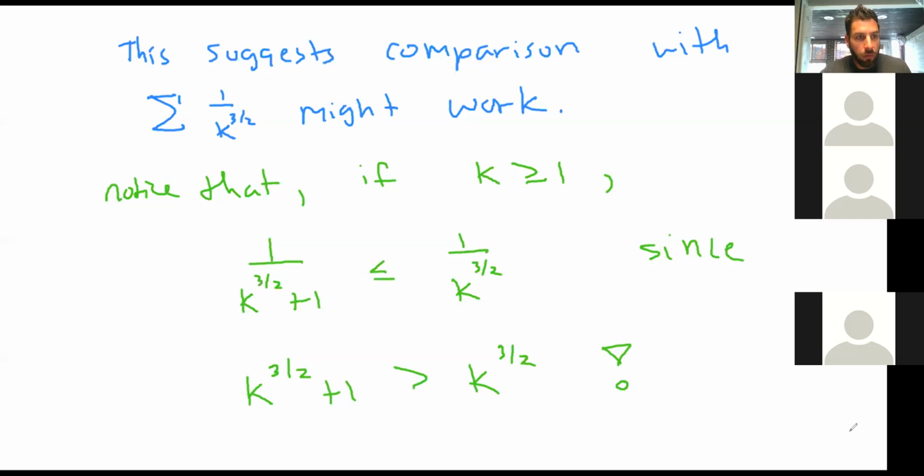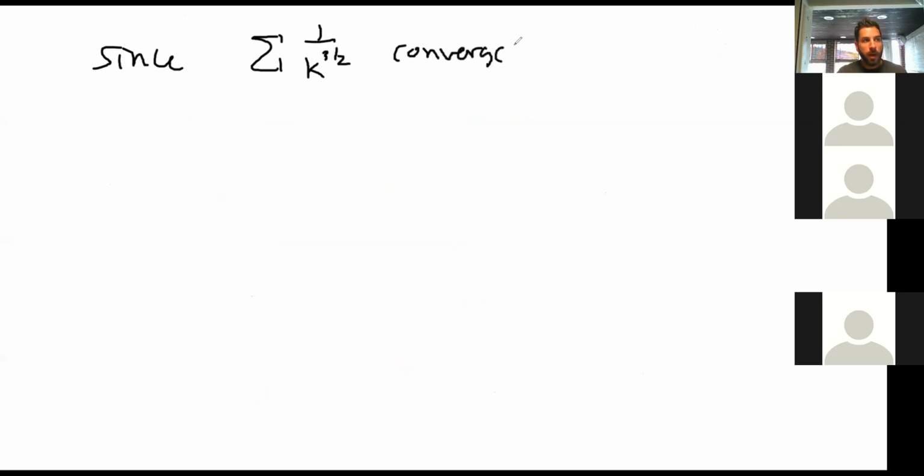So how do you finish this problem? It's quite elementary now if you understand the previous stuff, which maybe isn't elementary. So since this guy converges, why does this converge?